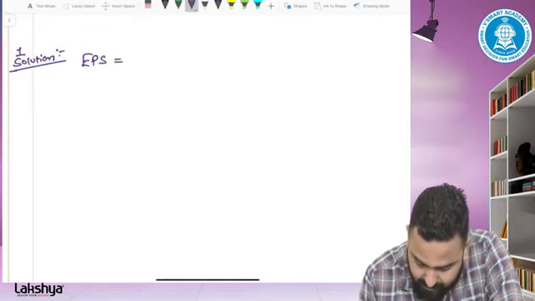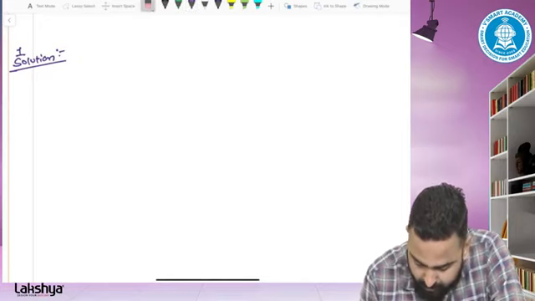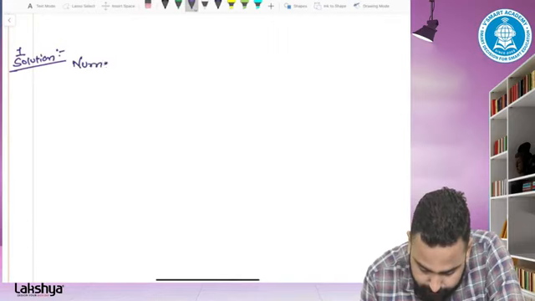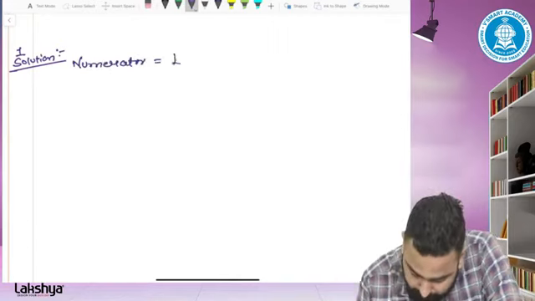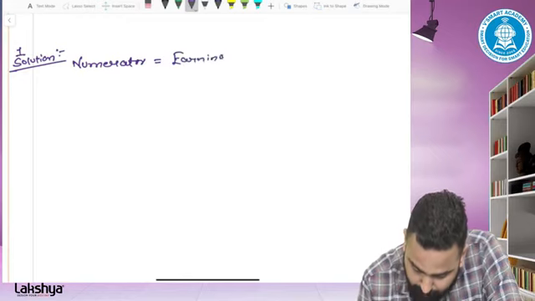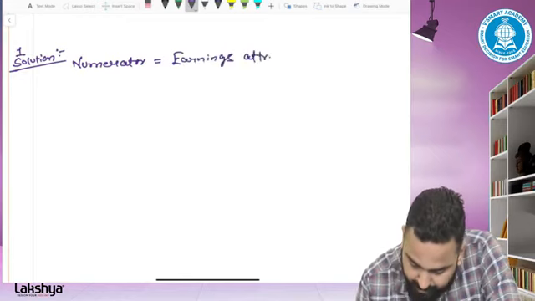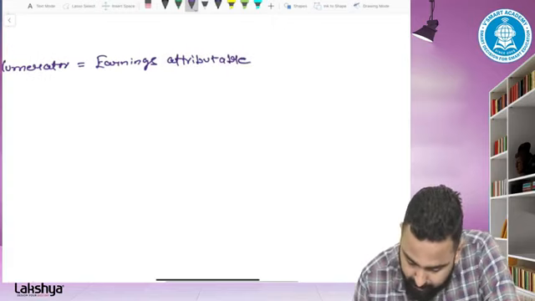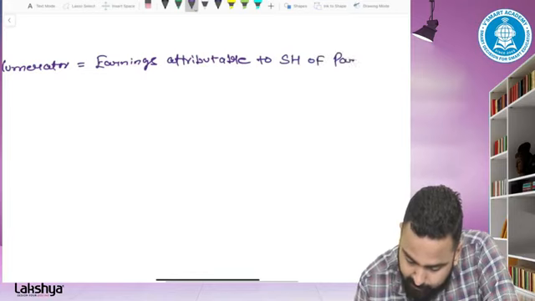EPS is numerator over denominator. What will be the numerator? Numerator will be earnings attributable to shareholders of the parent company.